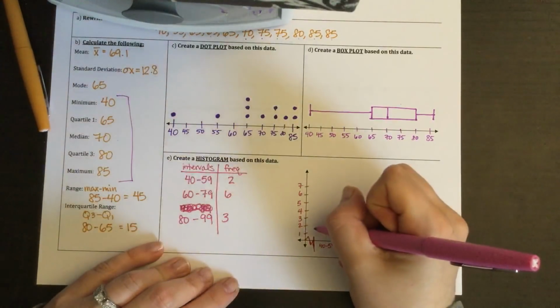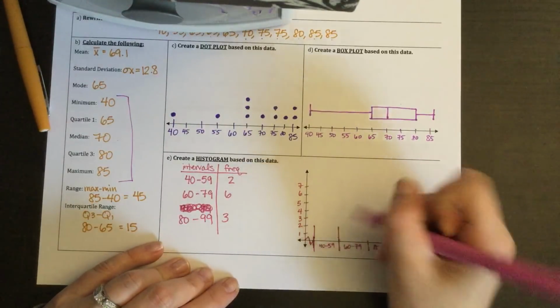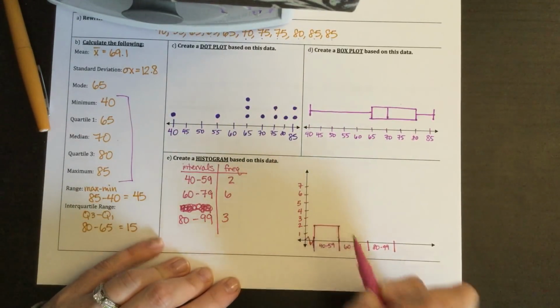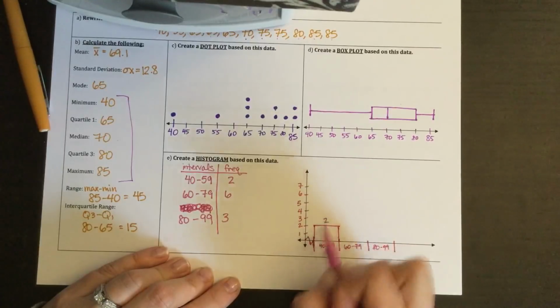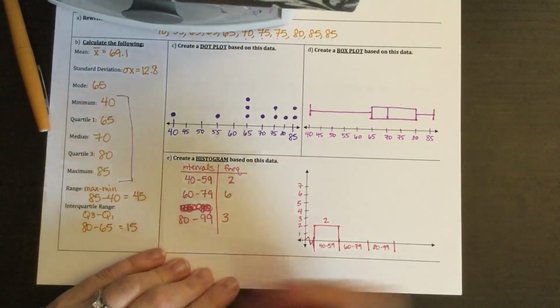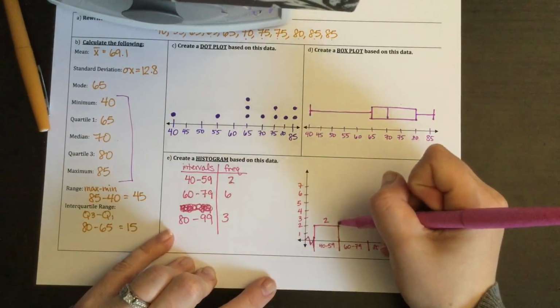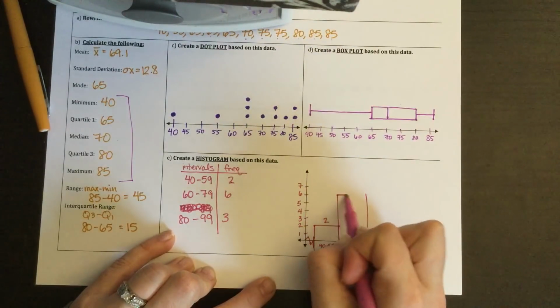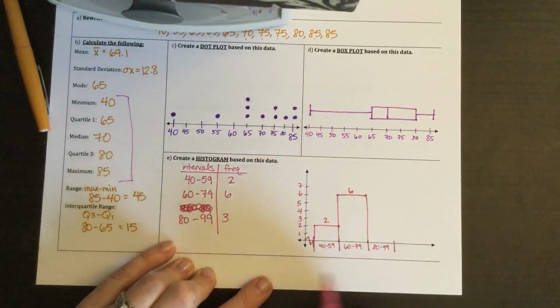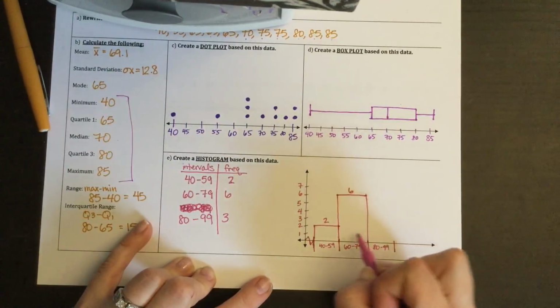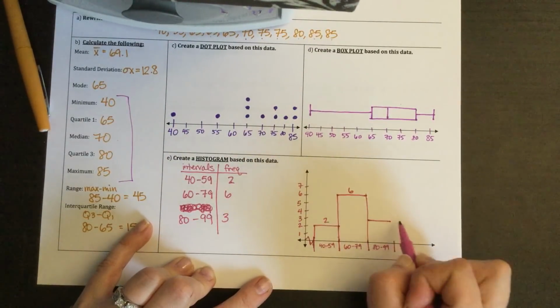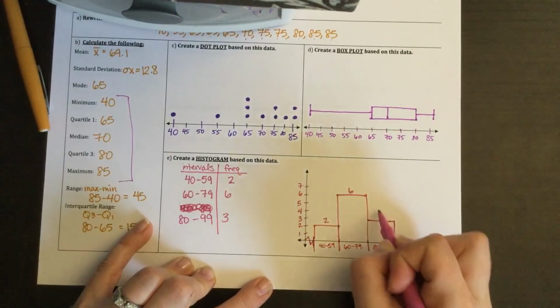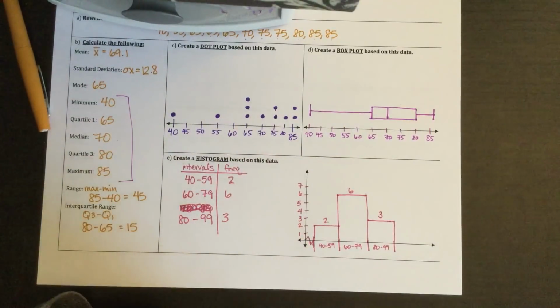And then I'm just going to make it a height of whatever the frequency is. So 40 to 59 has a height of 2 because the frequency is 2. 60 to 79 goes all the way up to 6 because it has a frequency of 6. And then 80 to 99 is 3. Okay. And there's that.